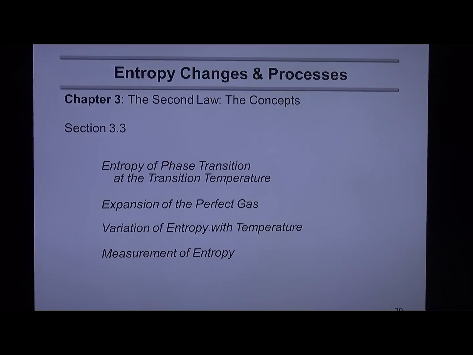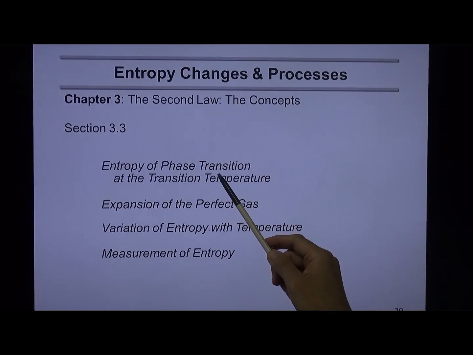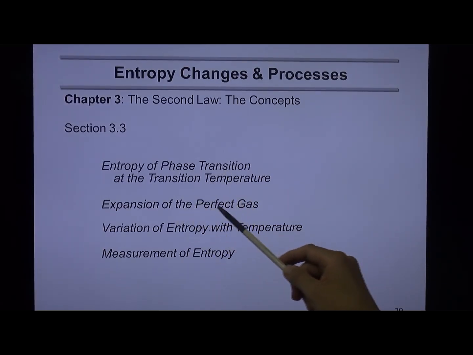So we now are able to calculate the entropy change. We'll calculate entropy change for various processes, such as physical changes such as phase transition, expansion of perfect gas, which we already have done a few times, right? Variation of entropy with temperature, like that.